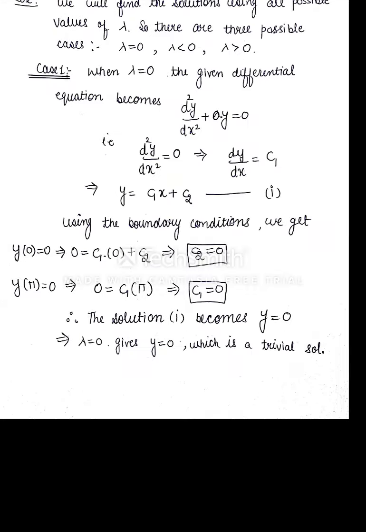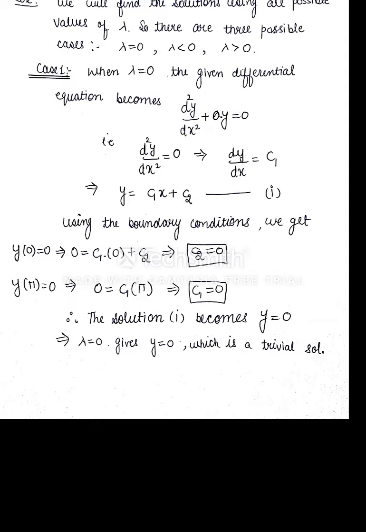So let's start substituting the conditions. Our first condition is that y at x = 0 is 0. Substituting this condition in the general solution which I marked as 1, namely y = c1x + c2, we put x = 0 and y = 0 in equation 1, and we get that the constant c2 is 0.